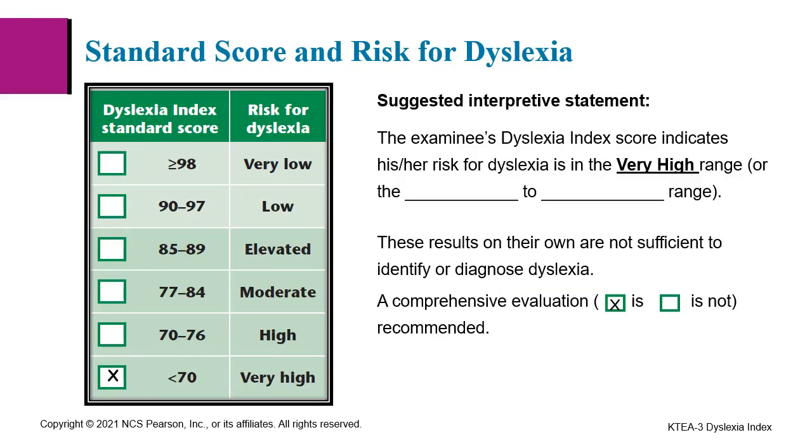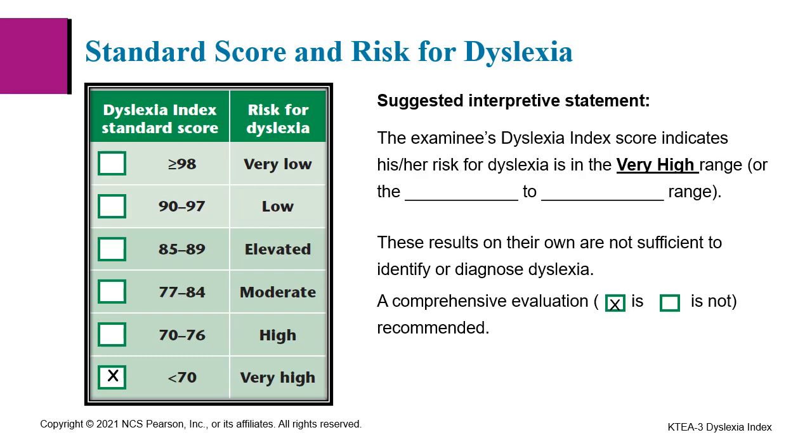To facilitate score interpretation, a risk classification scale is provided on the Dyslexia Index record form. As you can see here, 6 categories of risk for dyslexia are provided, and each one is defined by a standard score range.